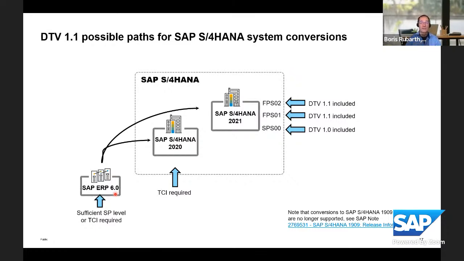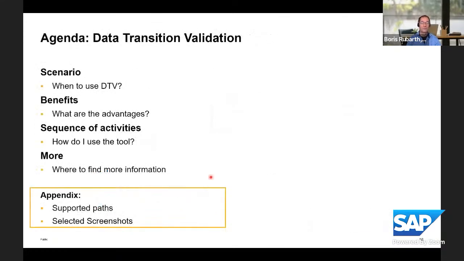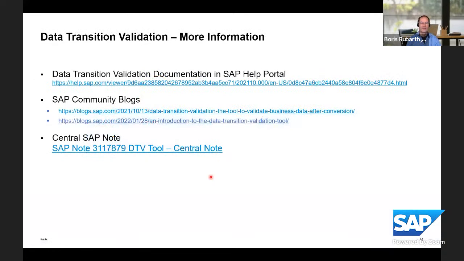My recommendation is that you check the SAP note for DTV, the central note that is listed on one of the previous slides, because there exactly all those checks that are delivered are listed. And this is, of course, depending on the version of DTV, 1.0, 1.1, 1.2 in the future will be listed there. Not yet, but soon. As far as I remember, we currently do not yet have MM reports there, but this is a usual question. So again, the central note will list those checks.